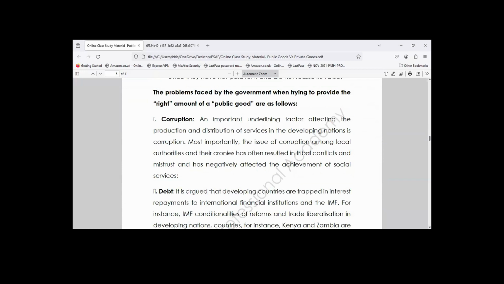This applies to government officials or contractors. If they want to construct a road that is worth 300 million, when government budgets for it, they will say it was 700 million. That is corruption. Some people in charge are corrupt. They will inflate the price for their own private, personal benefit.